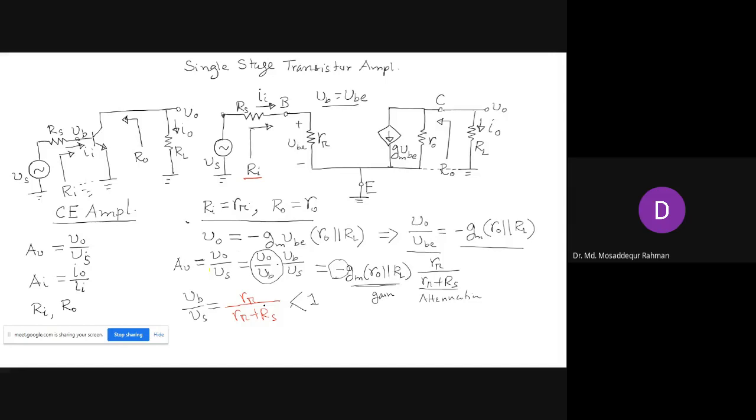Basically, this is not a gain, but attenuation. The signal is decreasing. You lose some signal strength because of the source resistance RS. So there will be some voltage drop in RS, right? So part of the VS will drop across RS, and then part will appear across R pi. So we lose some signal at the input side. And so the second part is an attenuation. Is that clear, guys?